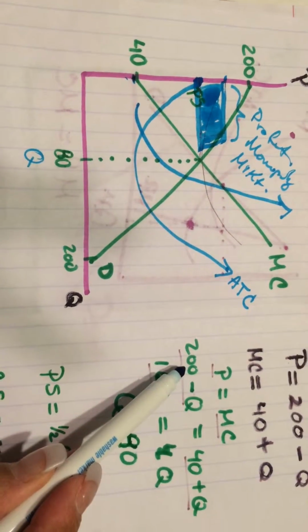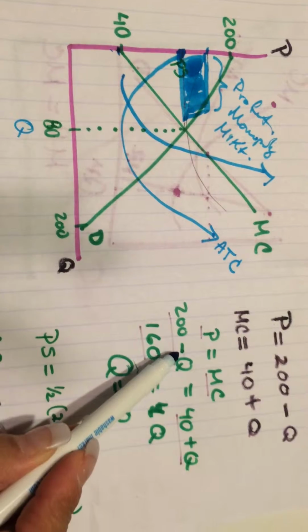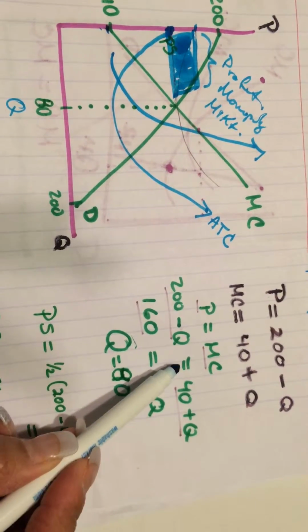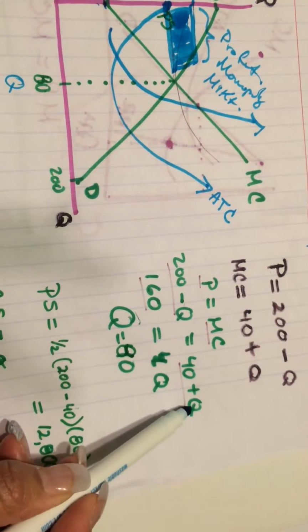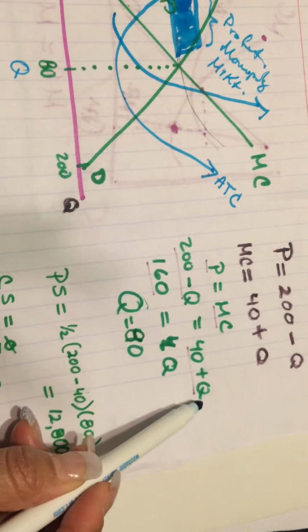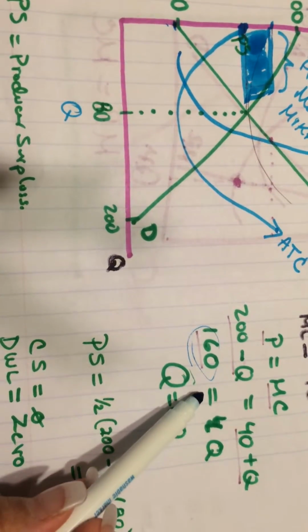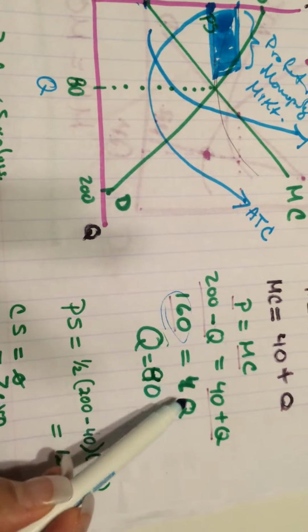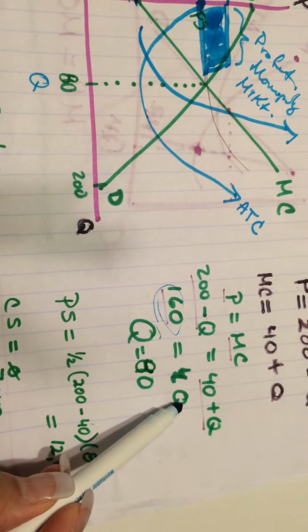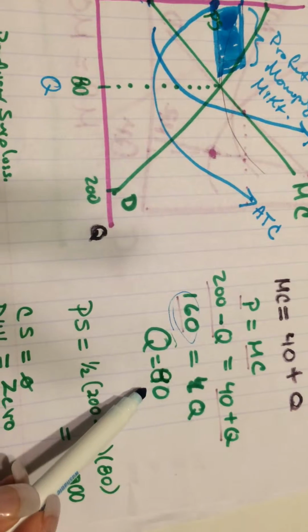So 200 minus Q equals Q plus 40 plus Q. Then our result is 160, which equals 4 times Q. And now we know that Q equals 80.